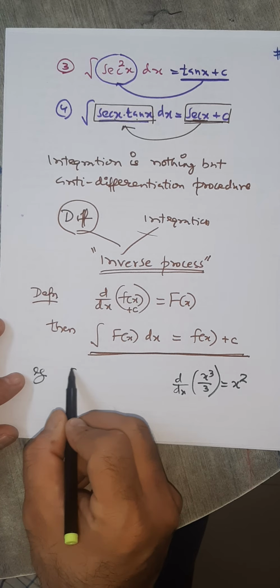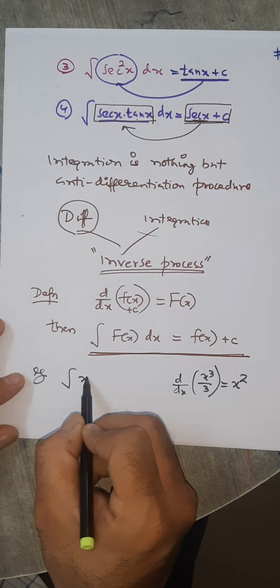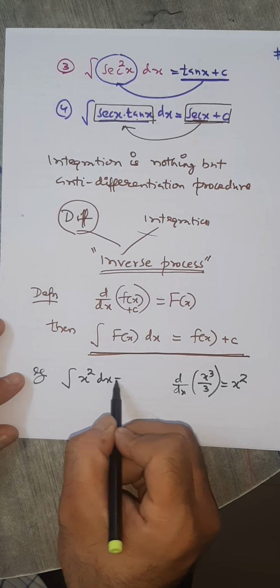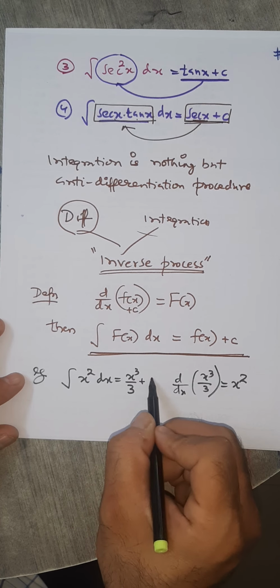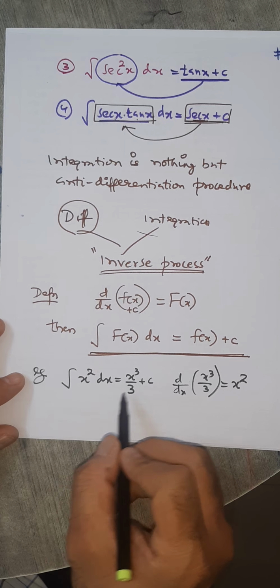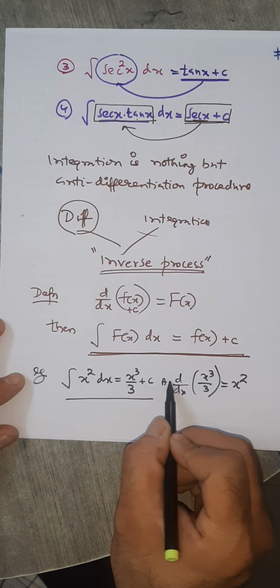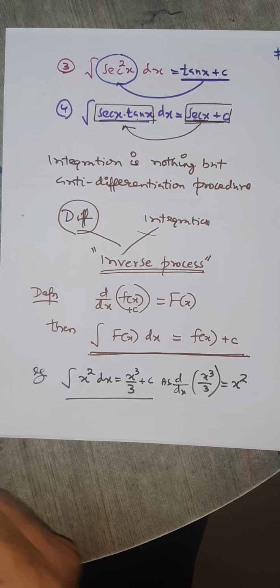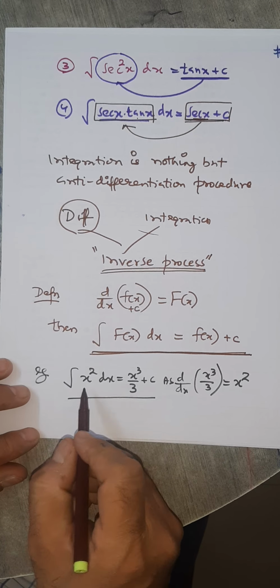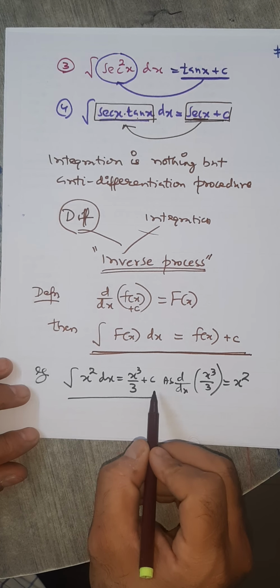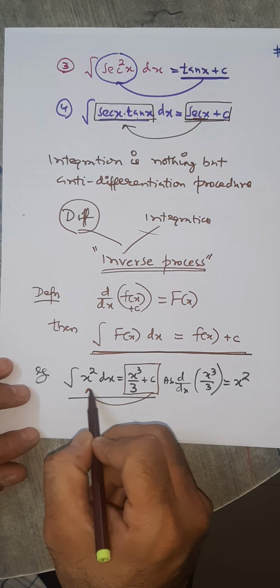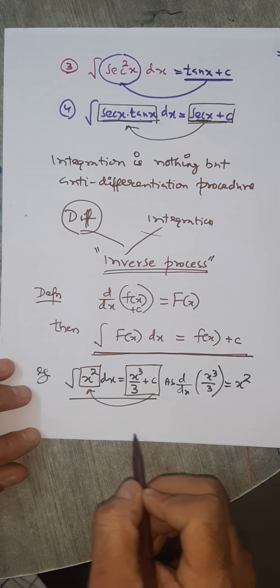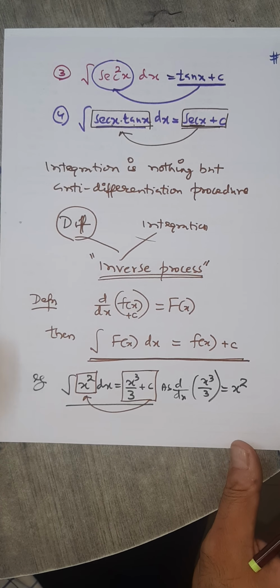So I can write here the integral of x squared equals x cubed by 3, and I can write plus c, because the differentiation of plus c is always 0. What is the integral of x squared here? x cubed by 3 plus c. Why? Because again, if I differentiate this function, I must get this. That is the antiderivative procedure. Fine. So this is the definition of integration.